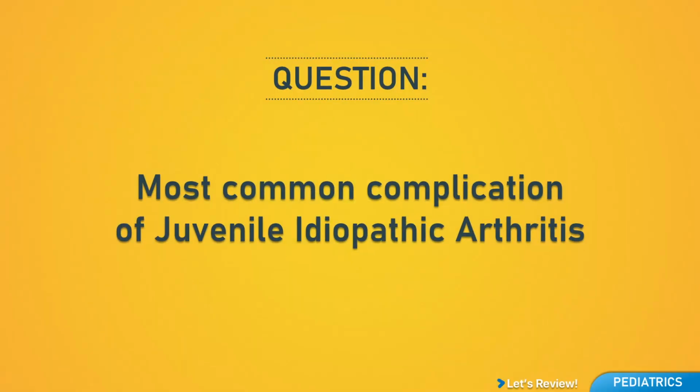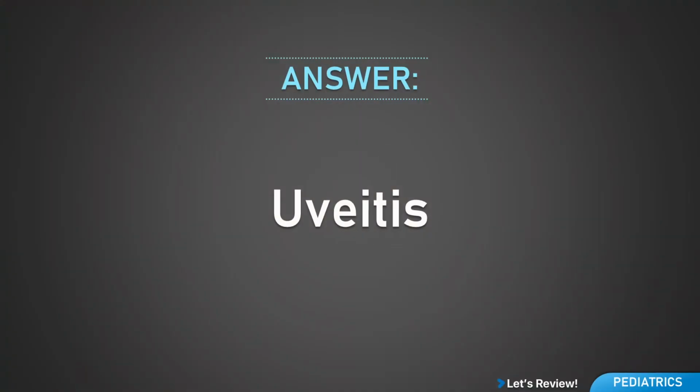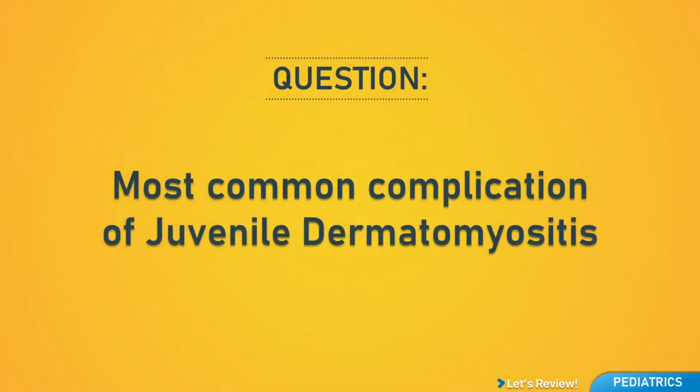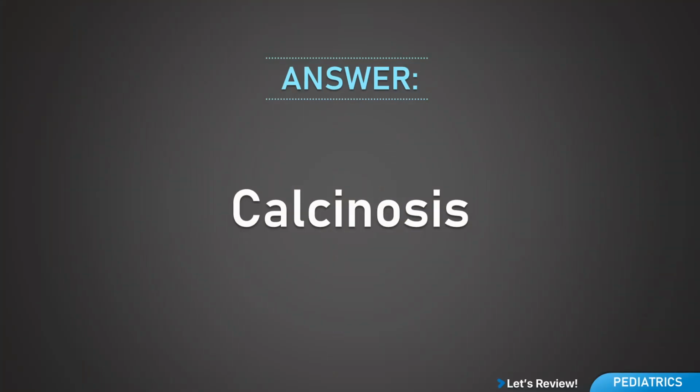Most common complication of juvenile idiopathic arthritis. Uveitis. Most common complication of juvenile dermatomyositis. Calcinosis.